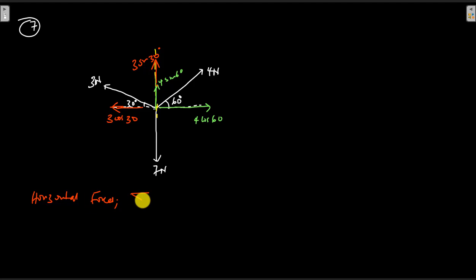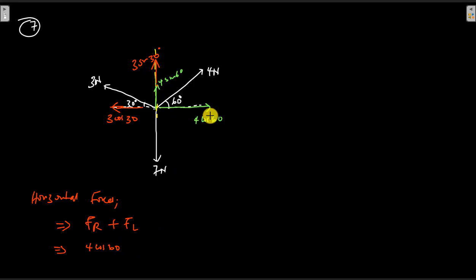Sometimes I write this as summation of forces in the x direction, but for this case let me not do that. Let's just say horizontal forces. Let's begin with forces to the right, then we'll add the forces to the left. We have 4 cos 60.